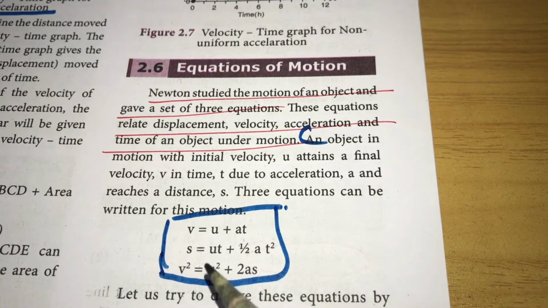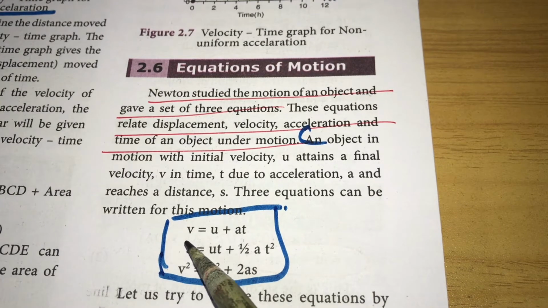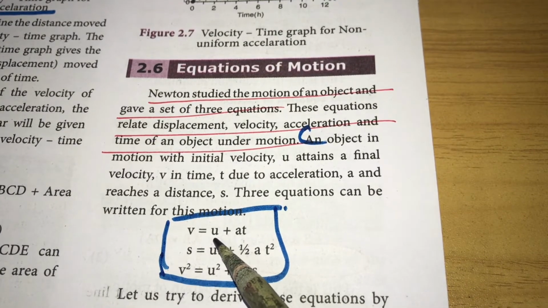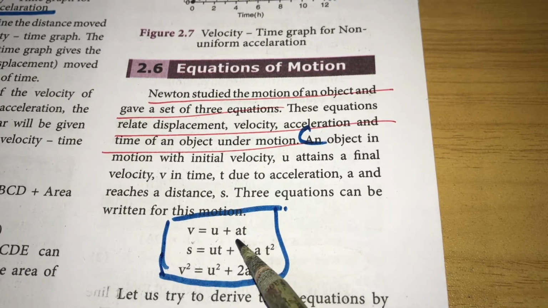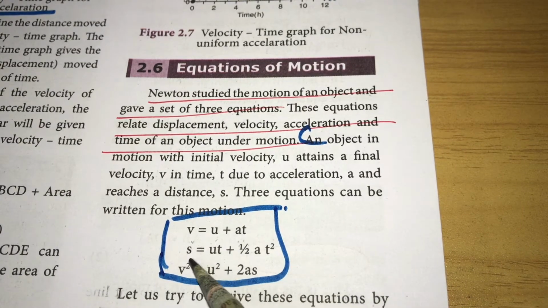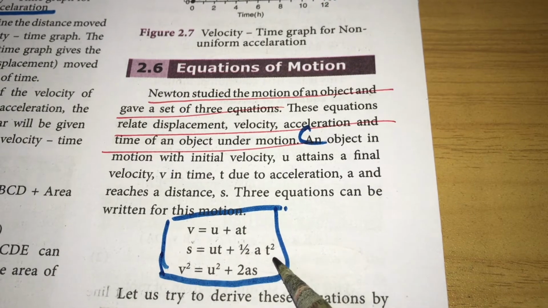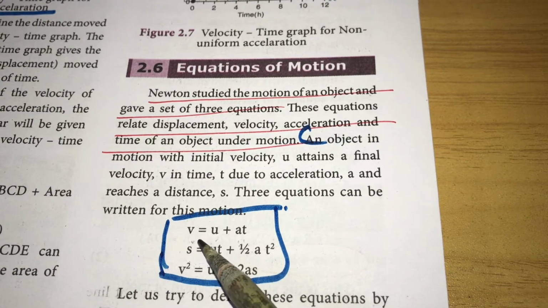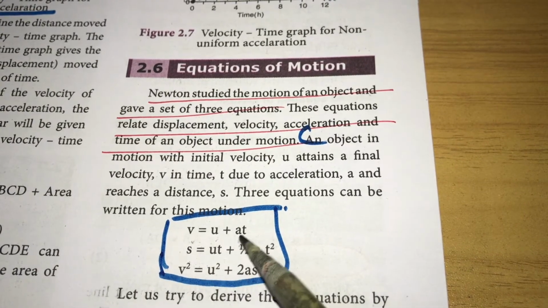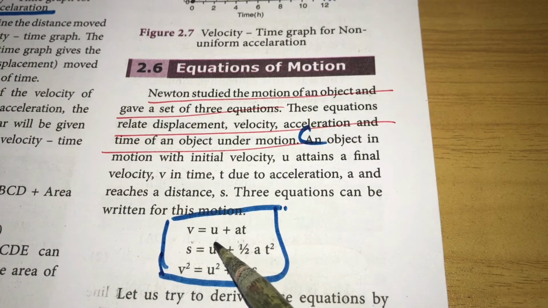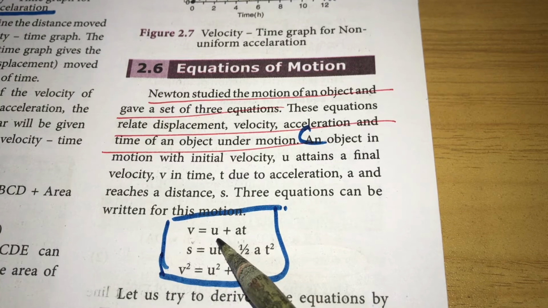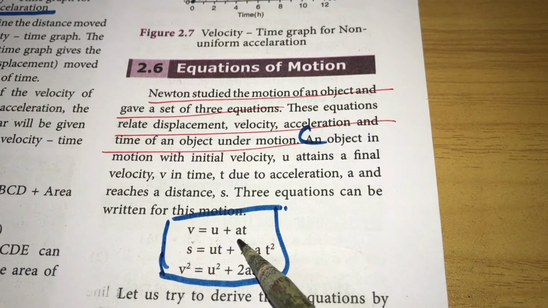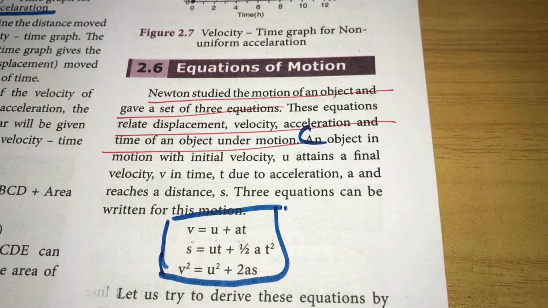Again I am repeating, initial velocity is u, final velocity v, acceleration is a, the covered distance is s in a given time t. That is, v is equal to u plus at. Final velocity is equal to initial velocity plus acceleration into time.